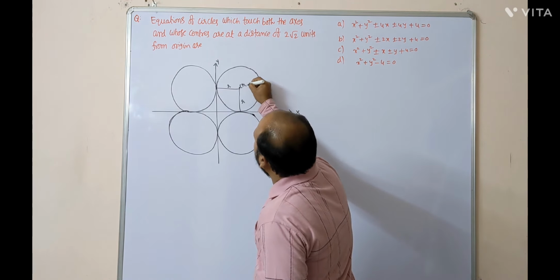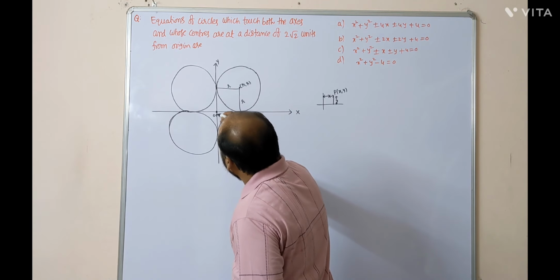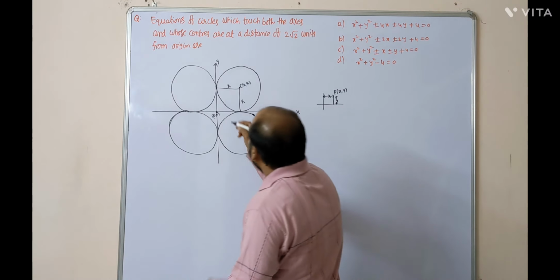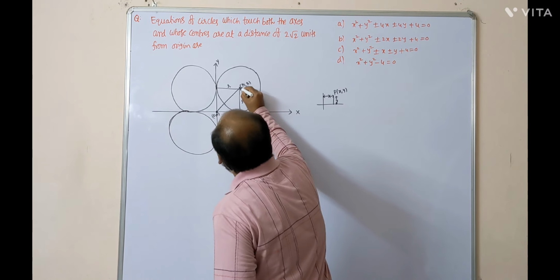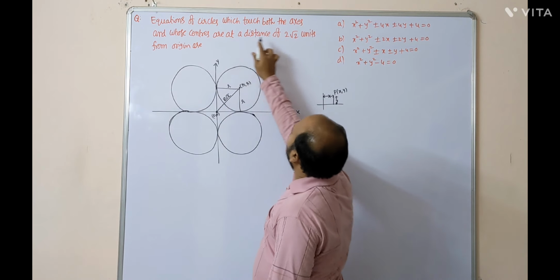But the question is, this is r comma r, this is origin, no? The distance from origin to this center is equal to how many units? 2 root 2.